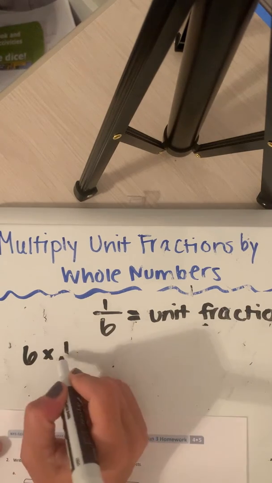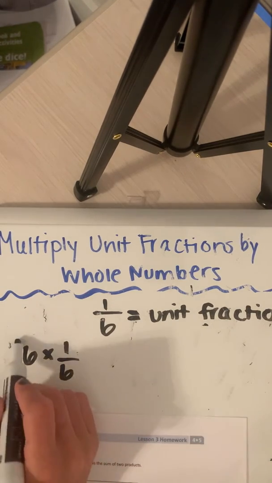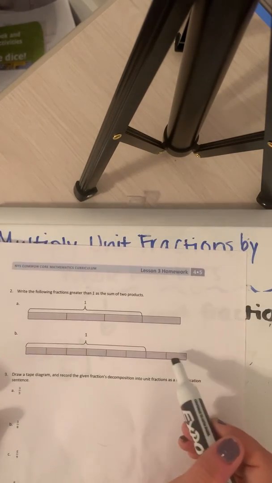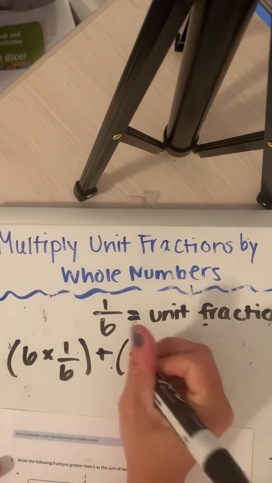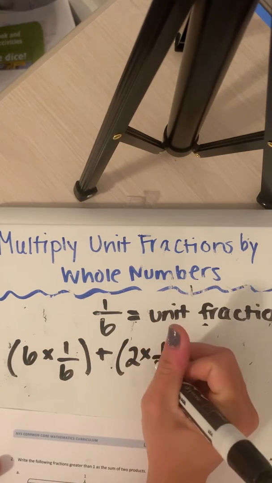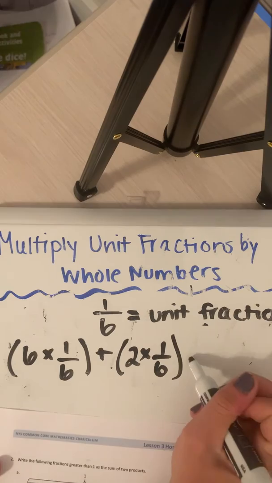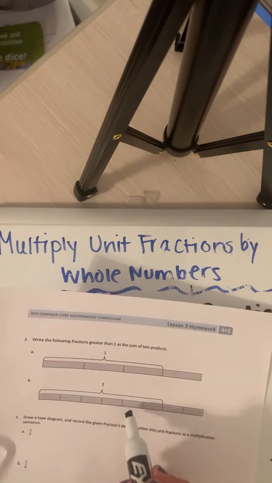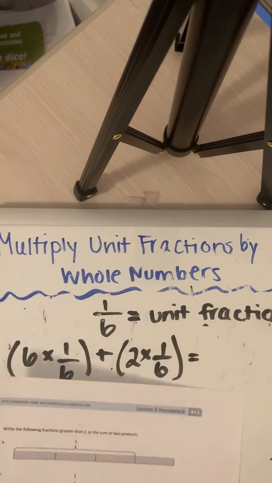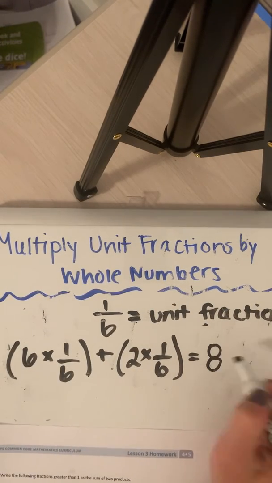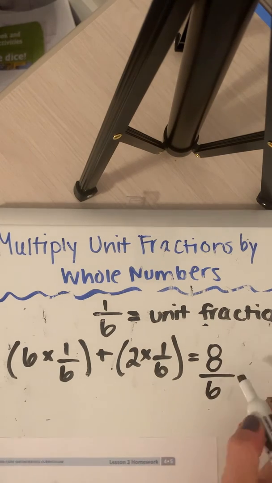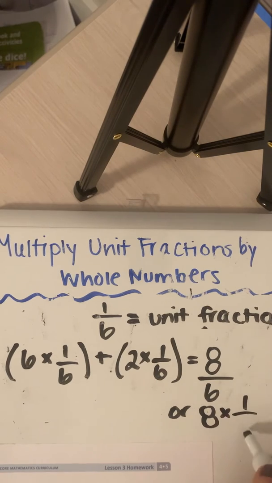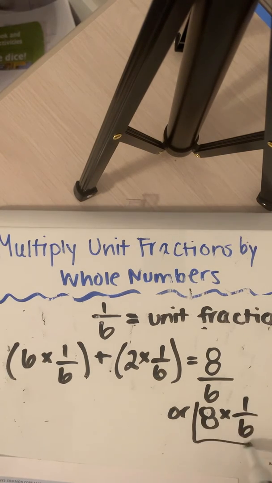So I'm going to say 6 times 1/6 as my first product, plus 2 times 1/6 as my second product. And that will equal 1, 2, 3, 4, 5, 6, 7, 8 sixths, or I can write it as 8 times 1/6. All right.